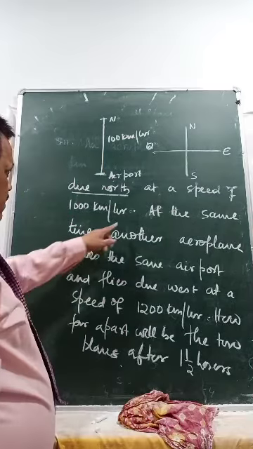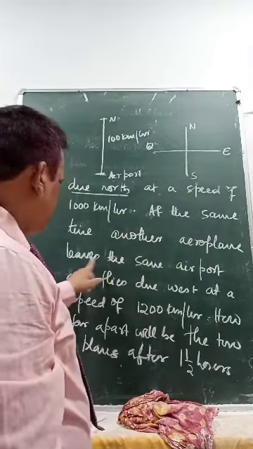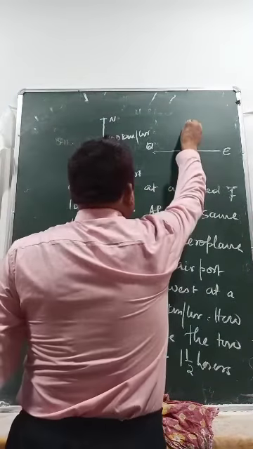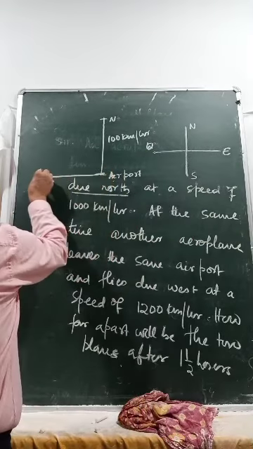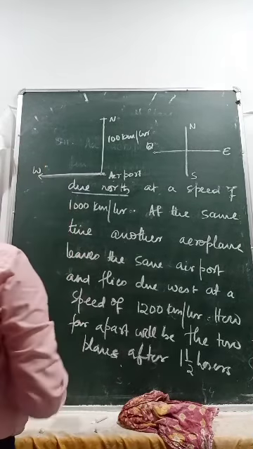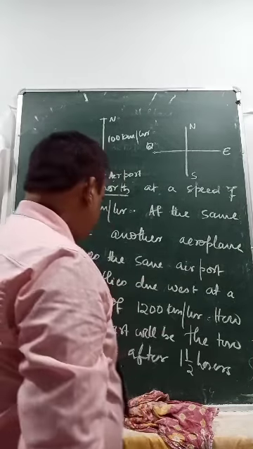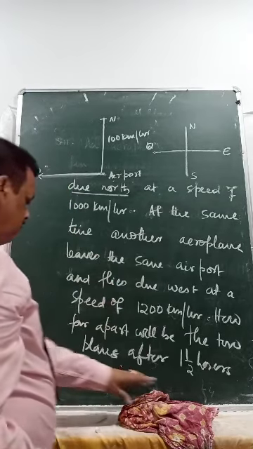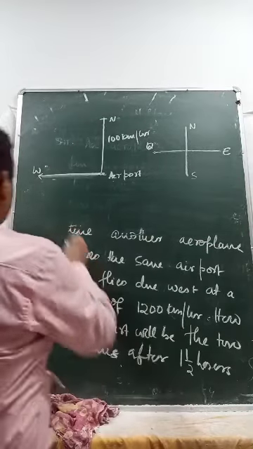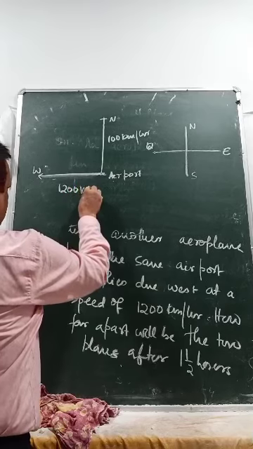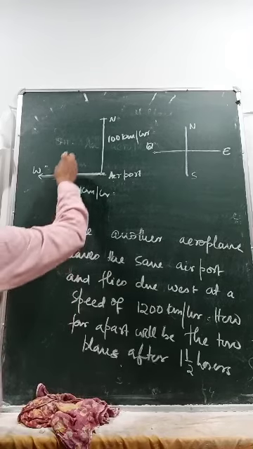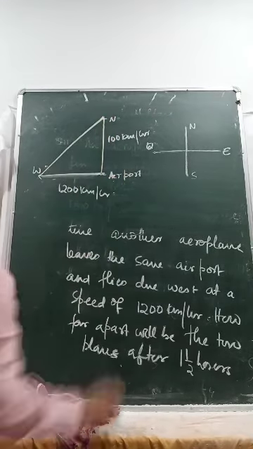At the same time, another airplane leaves the same airport due west. If from here it is north, then it is west. Means it is going here west. How much is it? 1,200 kilometers per hour. How far they will be after 1.5 hours means this distance you have to find out.